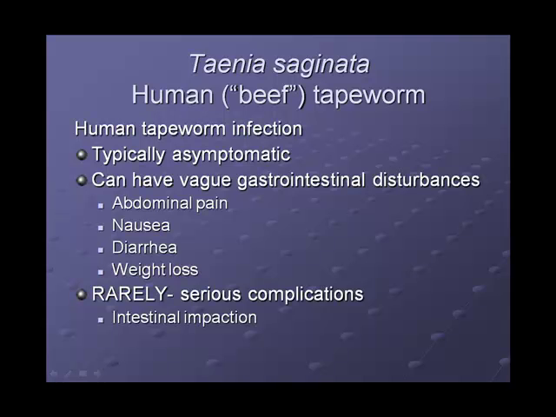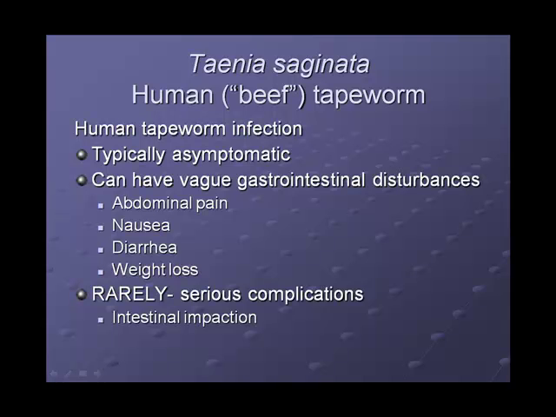And on very rare occasions, you may have some rather serious complications associated with a fairly heavy burden of maybe a couple to 3 mature worms, in which situation you can get an impaction of the human GI tract. But again, that's quite rare. So generally speaking, this is not a particularly significant disease in either cattle or beef or humans.